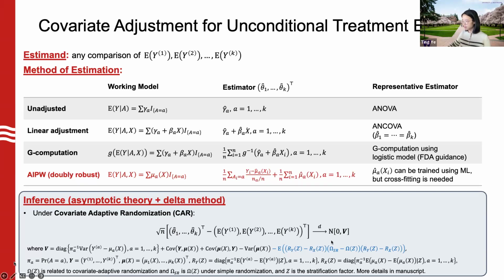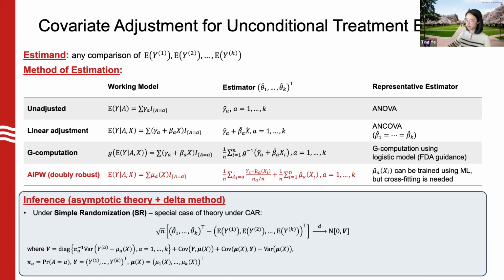This is the variance reduction because we do covariate-adaptive randomization. So we can see how the covariate-adaptive randomization affects the asymptotic distribution of the estimator. And under simple randomization, we have a slightly simpler formula. That is, we don't have the last term. So this is just the formula for simple randomization.